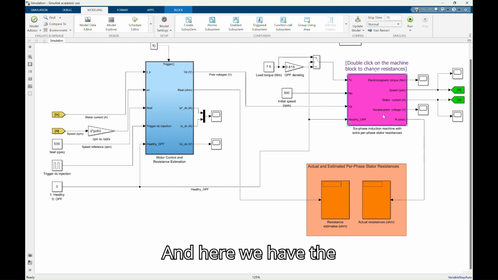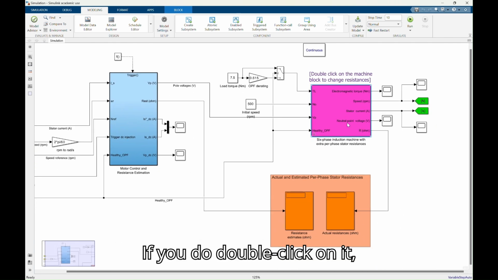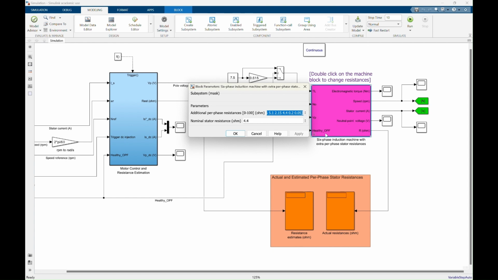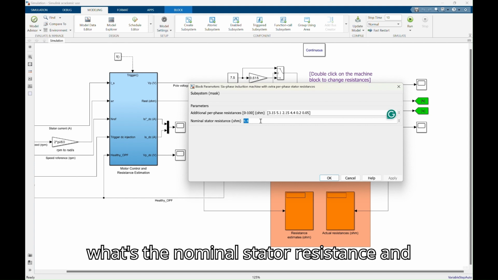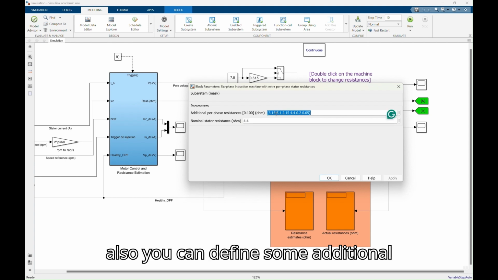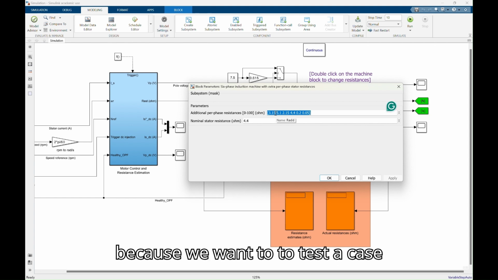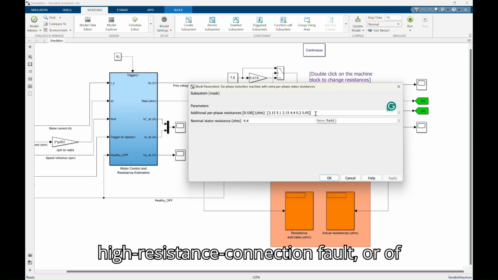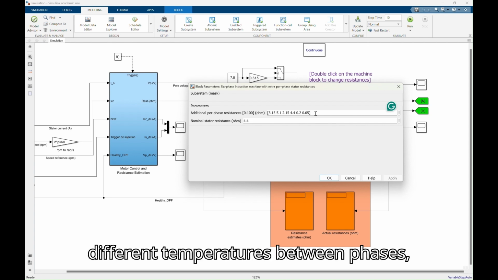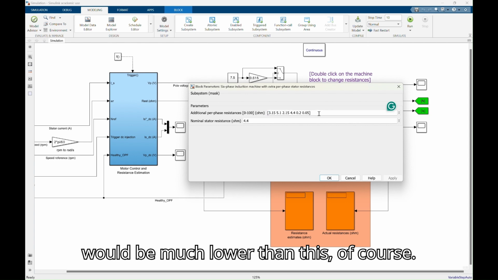And here we have the model of the six-phase machine. If you double click on it, you will see that here you can define the nominal stator resistance, and also you can define some additional resistances for each of these phases, because we want to test a case in which the stator resistance is imbalanced because of, for example, some high resistance connection fault or of different temperatures between phases, although in that case the difference would be much lower than this, of course.